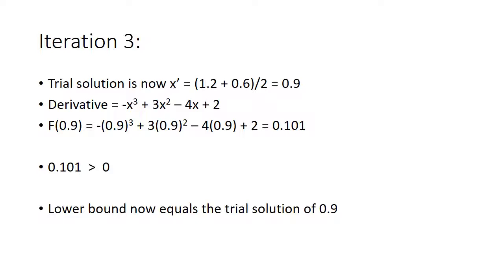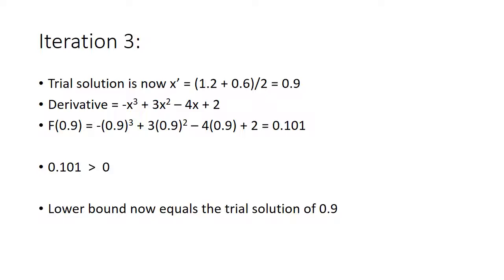Once again, 0.101 is greater than 0, similar to our last iteration. So we're going to change the lower bound again, and it is going to equal the current trial solution of 0.9. So now our upper bound is 1.2 still, but our lower bound is going to be 0.9.